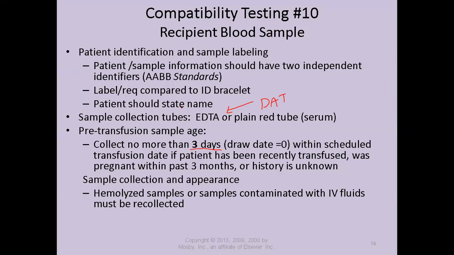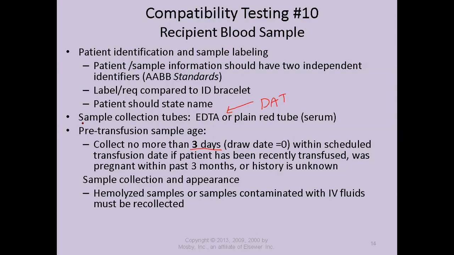Remember, in blood bank, plain red tubes, serum tubes with no gel, which could have a clot activator, can also be used, but they are not ideal for a direct antiglobulin test because complement can be activated in the plain red tubes when they're stored in the refrigerator. So EDTA is really ideal.